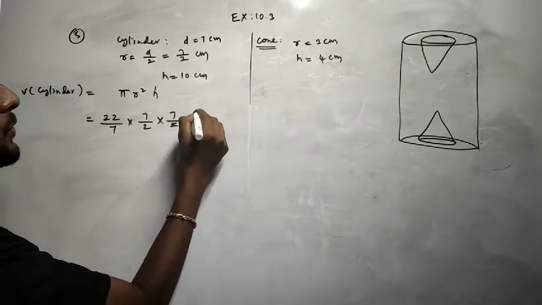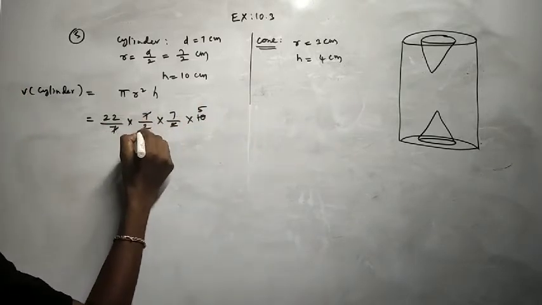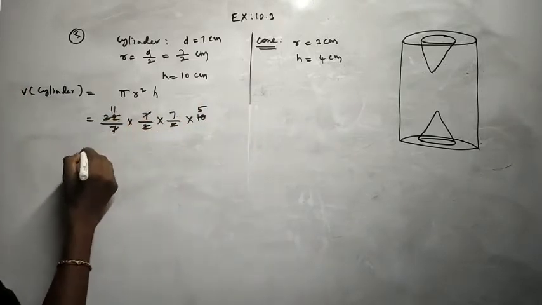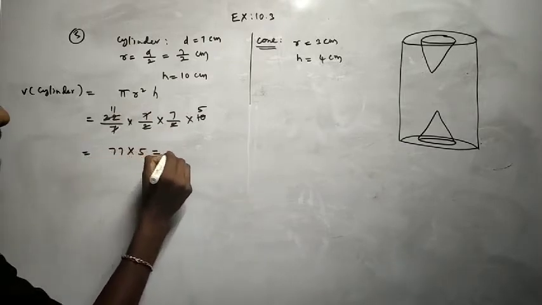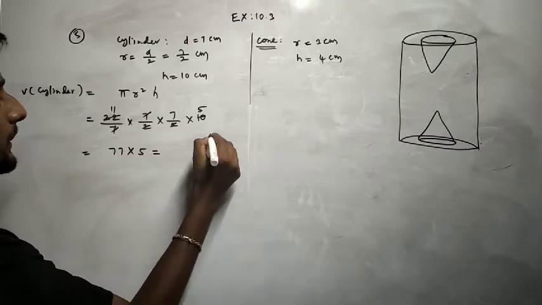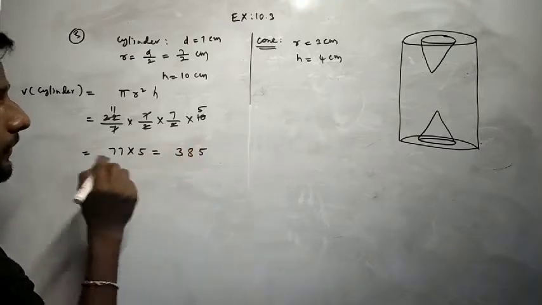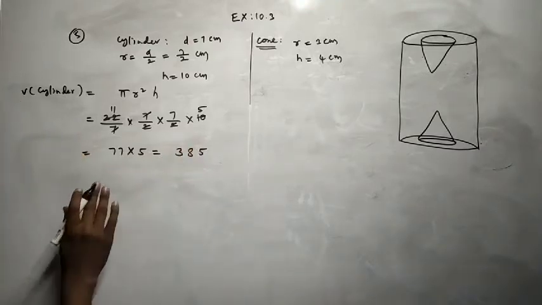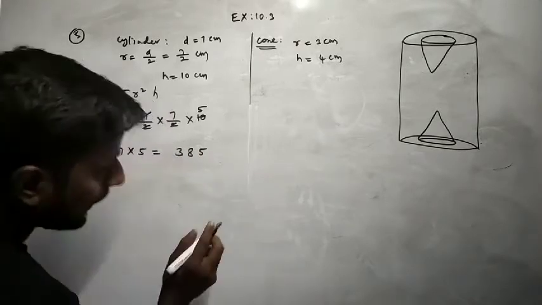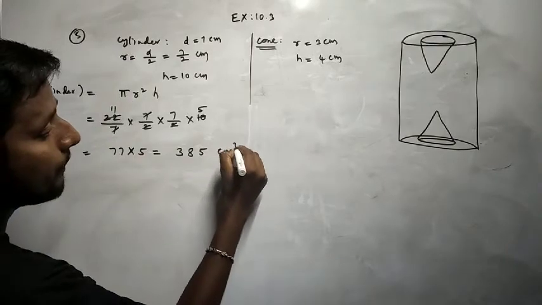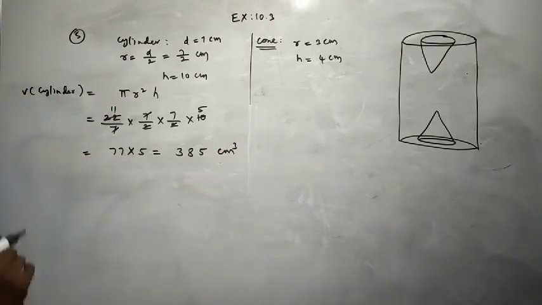So 2 ones are 2, 5 times, 7 get cancelled, 11 times. So simple, 11 sevens are 77 into 5, so 7 5s are 35, 3 carry, 385, yeah, so 385 centimeter cube. So it is the volume of the cylinder.